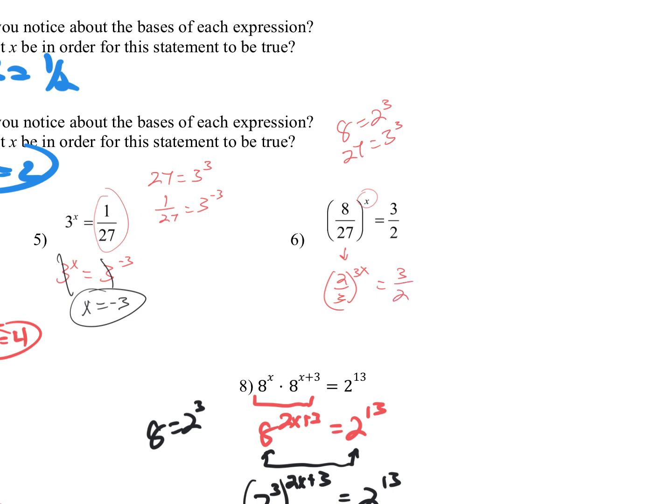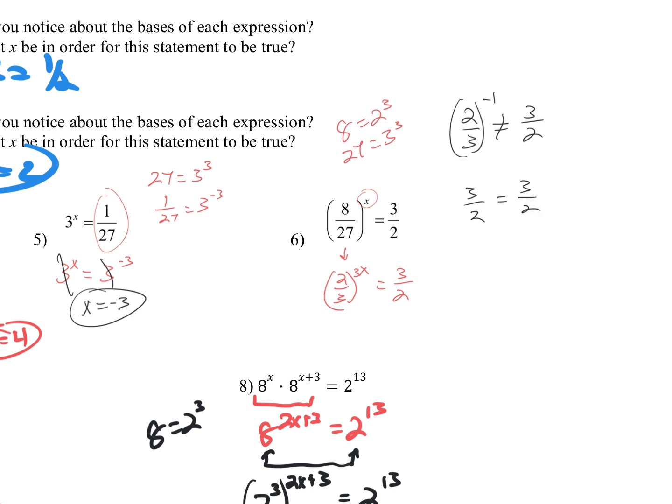Now, you're probably thinking, Mr. Dooley, 2/3 is not the same as 3/2, and you are correct. But what we could do is take the reciprocal. I could raise this to the negative first power. If I take 2/3 and raise it to the negative first power, that would give me 3/2.